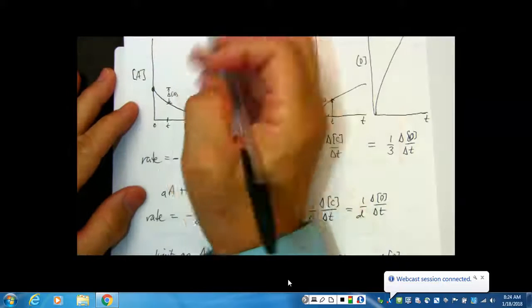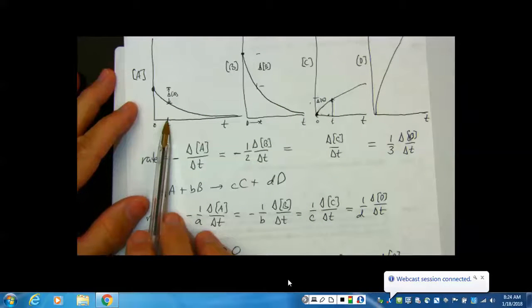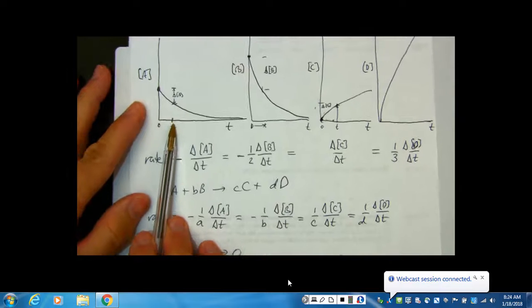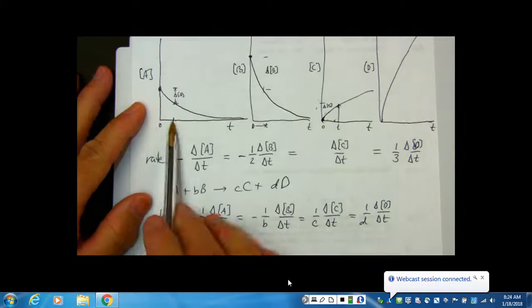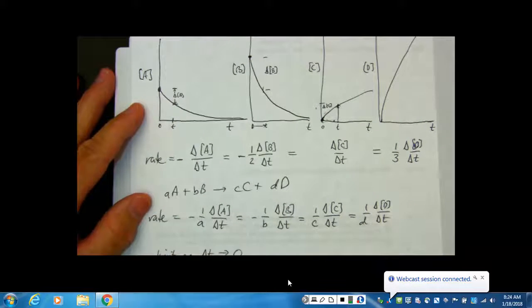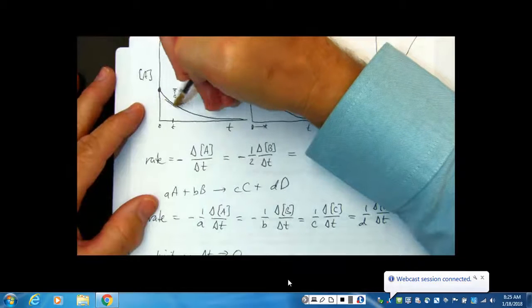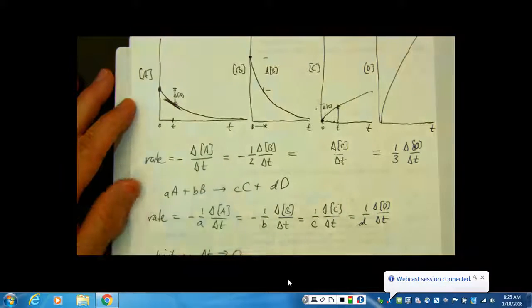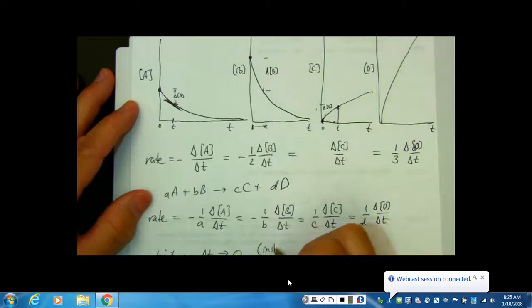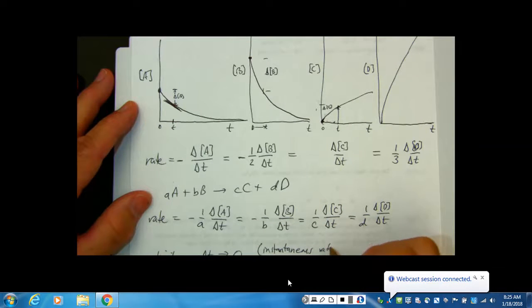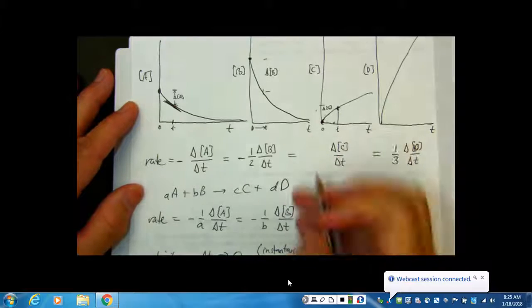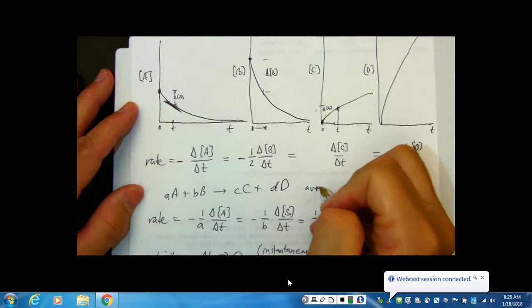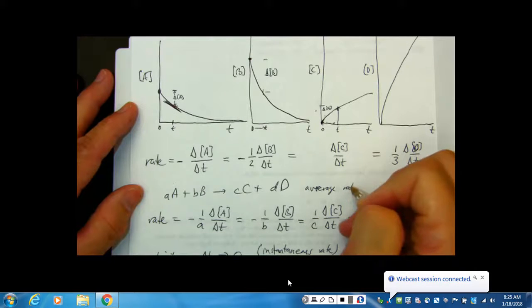So basically, if we want to find out what the rate of this reaction is right here, what does it represent on that plot right there? It represents the slope, right? This is the instantaneous rate. And this represents an average rate.